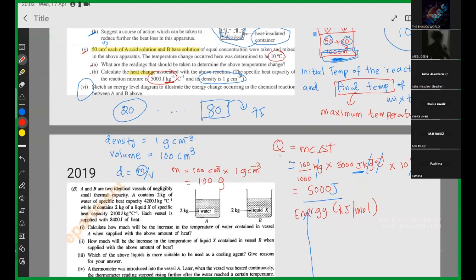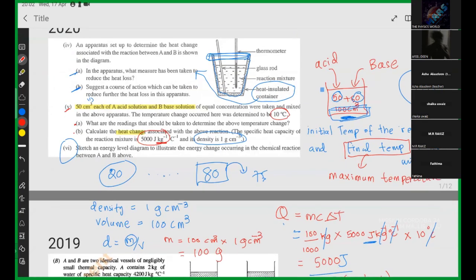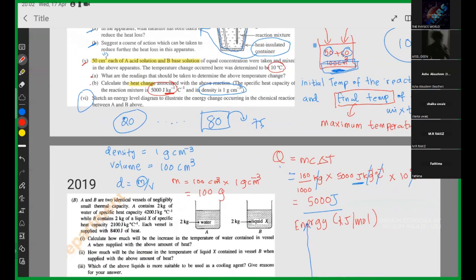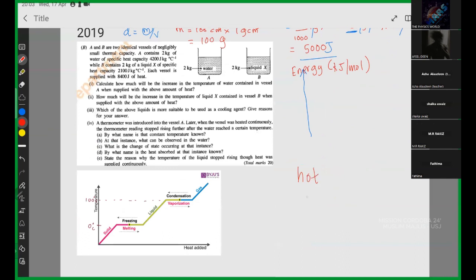Now tell me, in this, what is happening? Heat is coming out or heat is taken inside? Will it finally be hot or cold? Finally, the cup that we are using here will become hot. That means finally, the temperature is high.